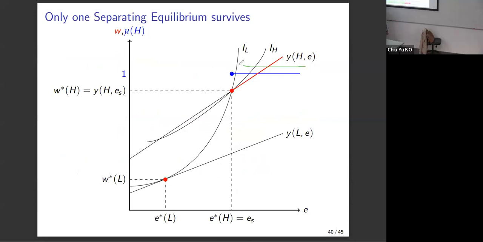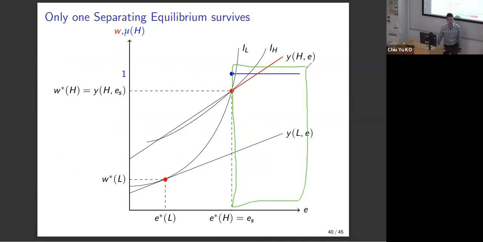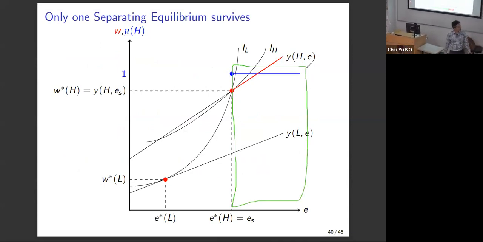If I see someone with very high education, is it any way possible to believe it is the low type? There's no way that the low type would expect that to happen. So I must have the blue one. When I see something more than or equal to ES, it must be the high type.